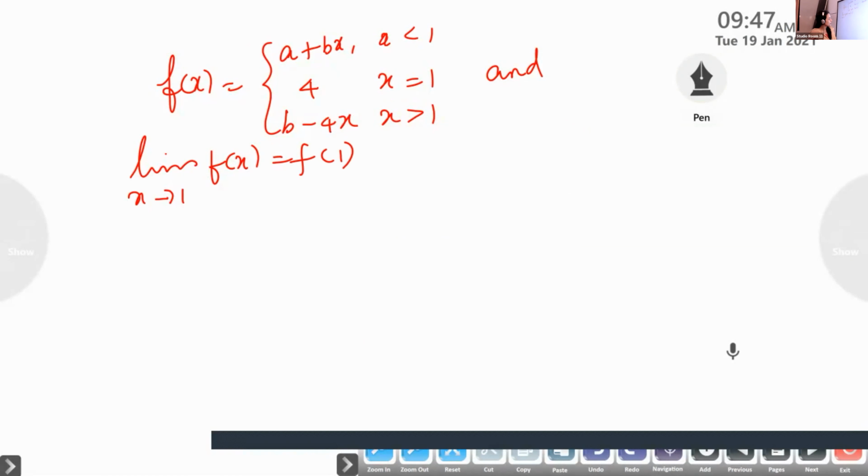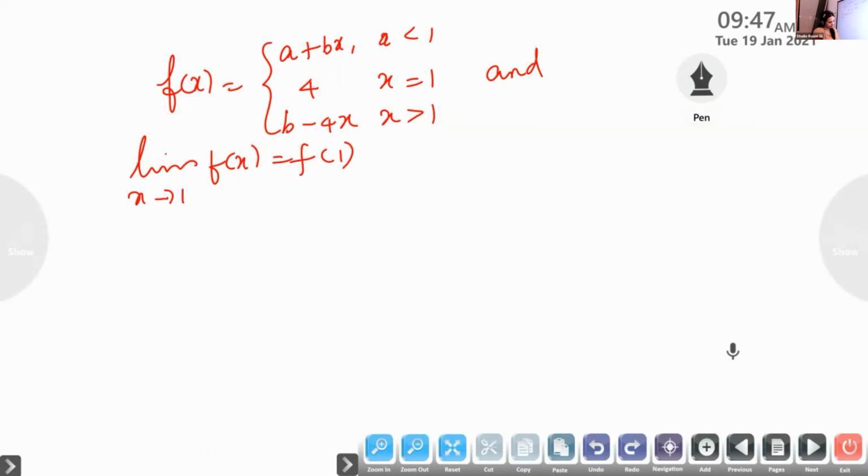What are the possible values of a and b? You have to find out the possible values of a and b. Try this one. It is given the limit of the function is the same as f of 1. We want to find the value of a and b.